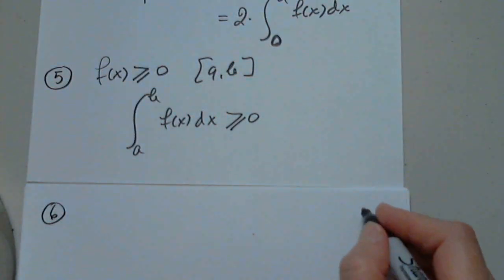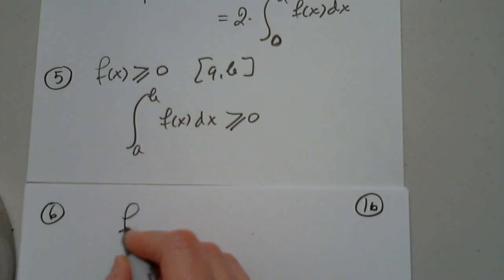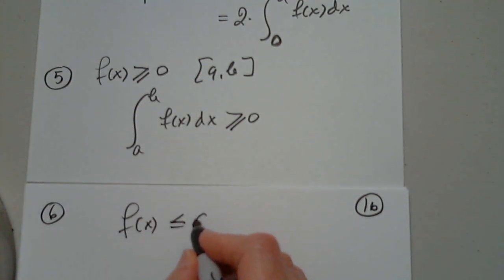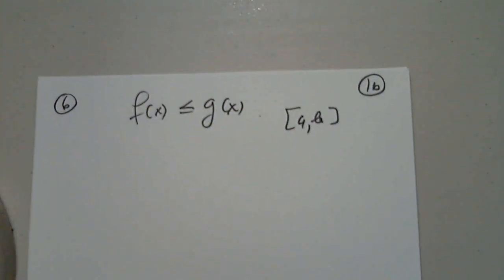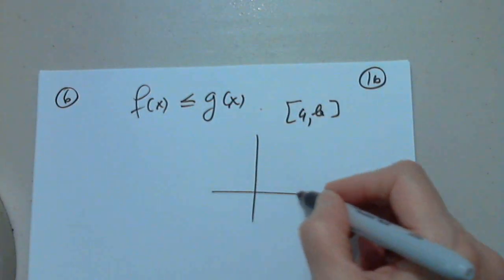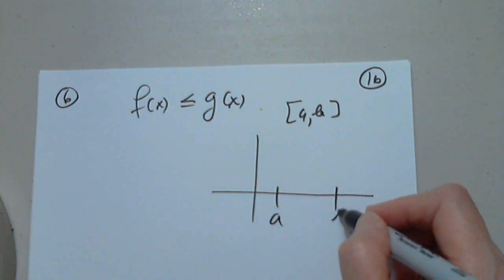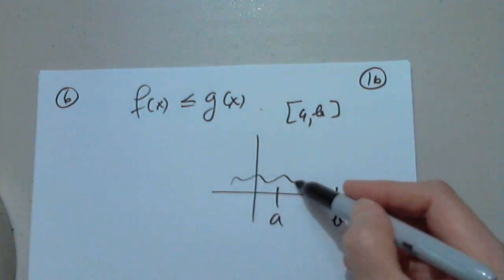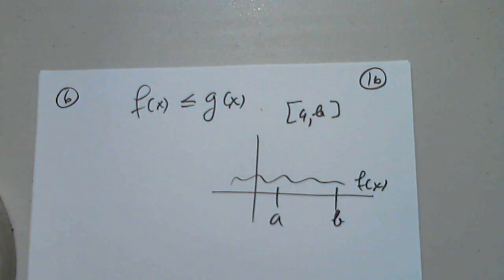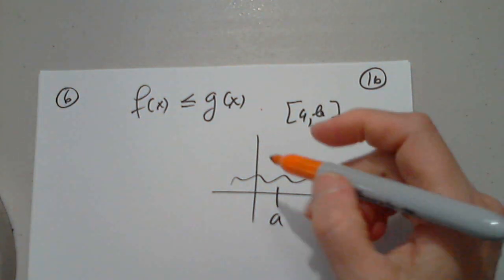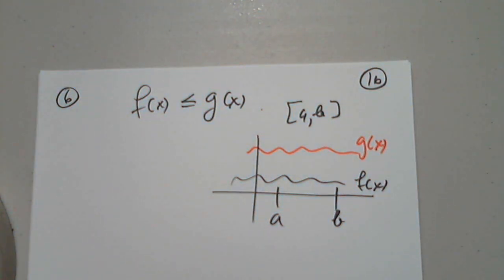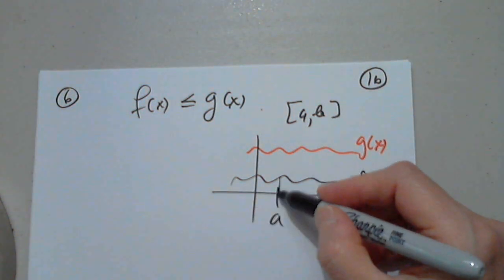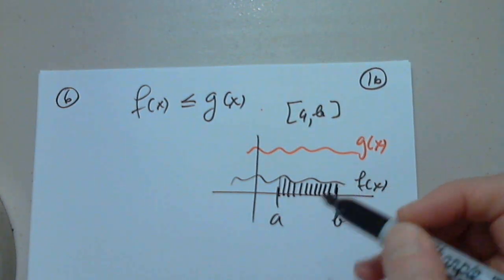Number 6. Good. If I have this situation on the interval a comma b, what does this mean? It means on the interval a comma b, function f is here, and function g is here. What would you think about the areas?